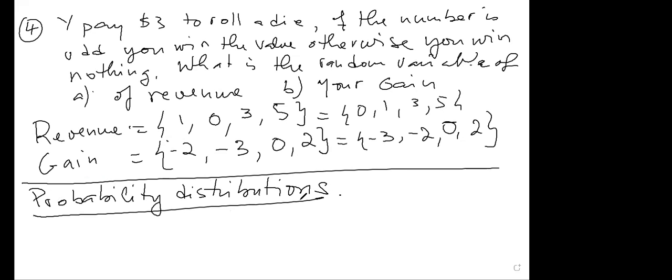A probability distribution is a function that will associate each random value of a random variable, the probability. So I'm going to say, let X be a random variable.